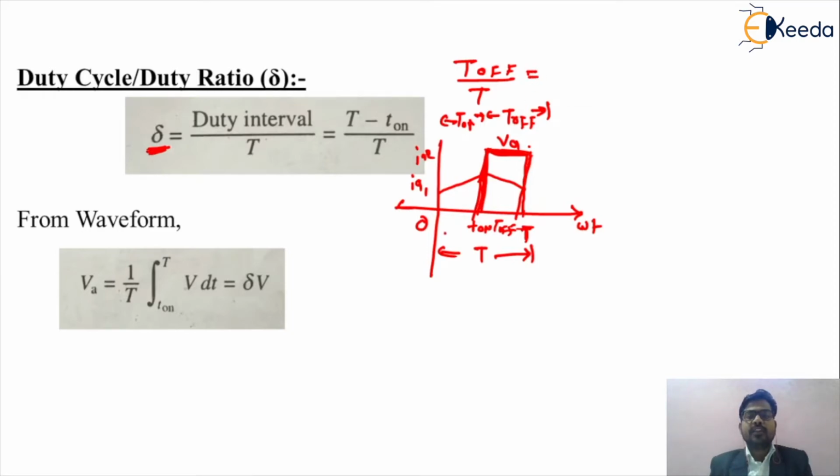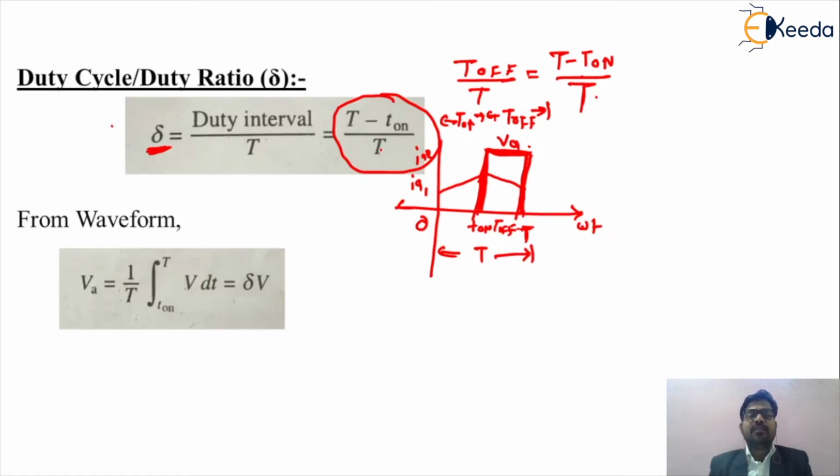T off is the total time period T minus T on. So the formula of the duty interval is the total time period T minus T on divided by the total time period T. In other words, we call it T off by T, because T off is the duty interval period of that particular chopper, the regenerative braking chopper. So it is capital T, the total time period, minus T on divided by T, that means T off divided by T.